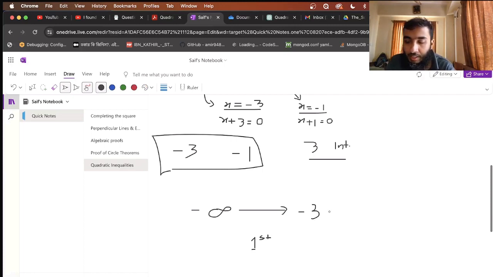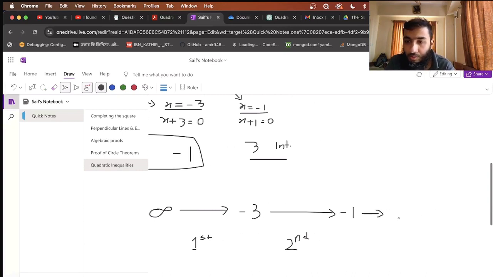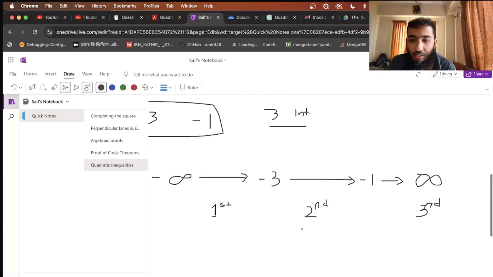Then there is another interval from minus 3 to minus 1. That is the second interval. And there is another interval from minus 1 to positive infinity. That is the third interval. As you can see, there are three intervals here.